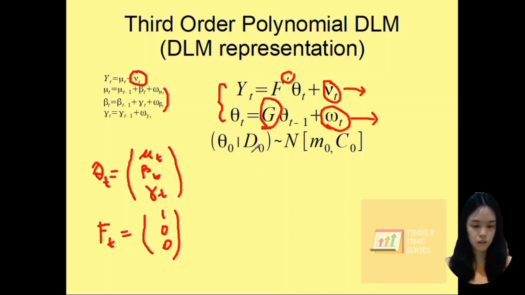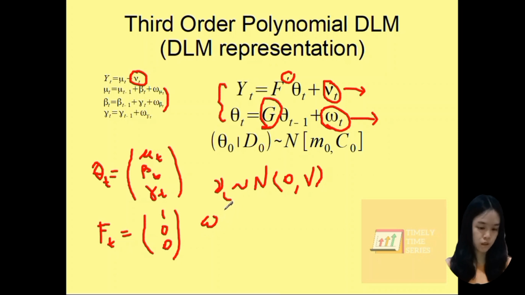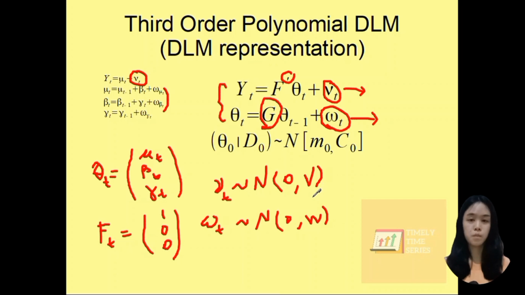And then nu here is assumed to be normally distributed with mean 0 and variance V. Omega t is also normally distributed, that's the assumption, with mean 0 and variance W. Now, V here is only a number in this case because we are dealing with a univariate DLM, a univariate time series.